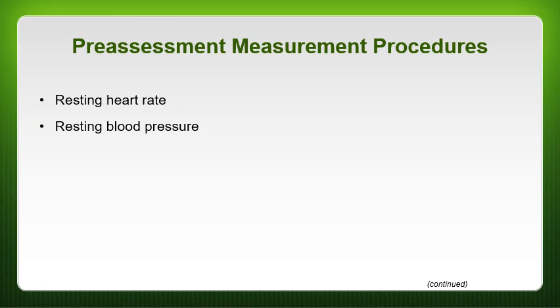So if the person, for instance, has a high blood pressure, you're going to want to go at least 20 millimeters of mercury above that. You want to then release the air very slowly, about 2 to 3 millimeters of mercury per second. You're going to record the systolic blood pressure as the first audible, what we call Korotkoff sound. And then the diastolic pressure is once it disappears, that will be your diastolic number.